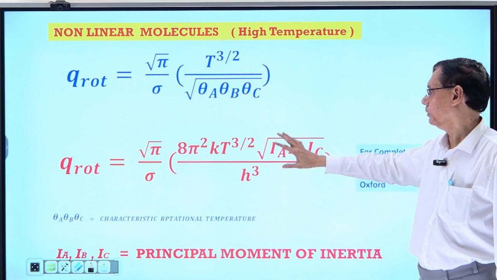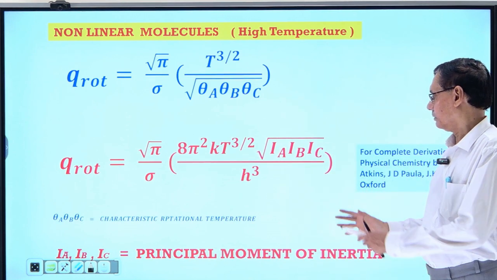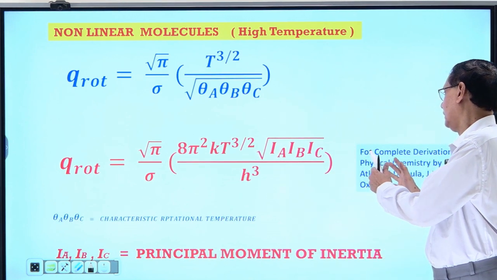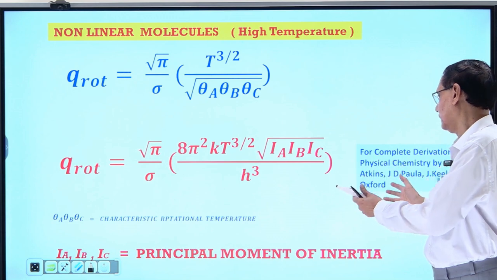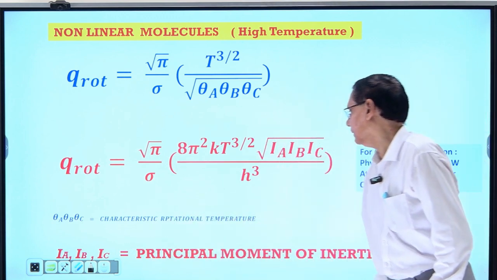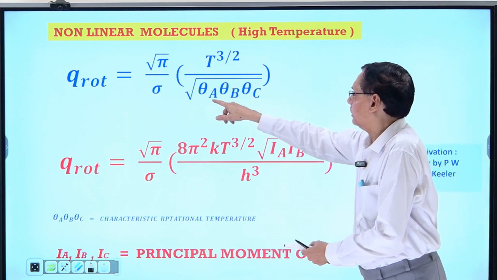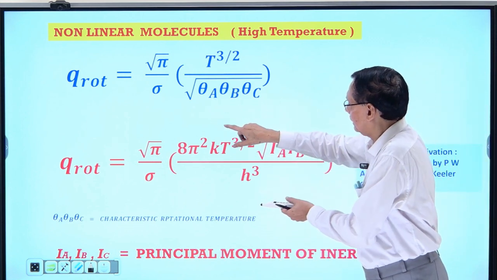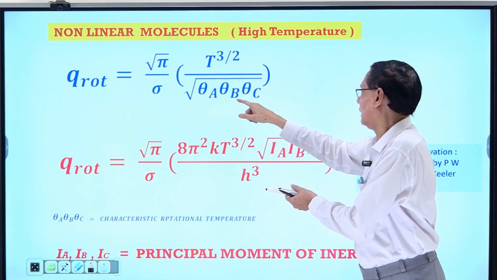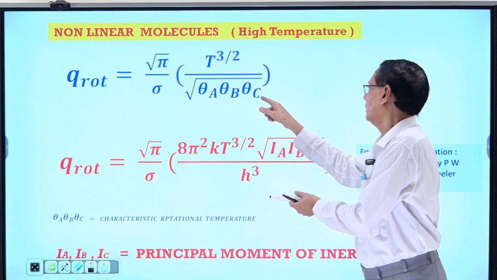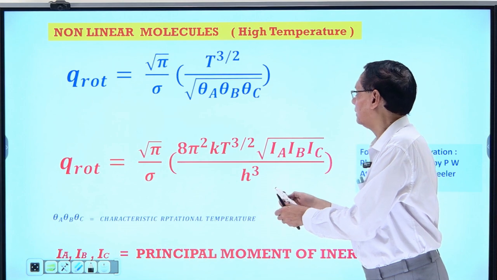I am not going to derive all these things because there are three moments of inertia. If I talk about CH4 and other molecules, IA, IB and IC. So there is a characteristic rotational temperature for one axis, for another axis, and for the third axis.